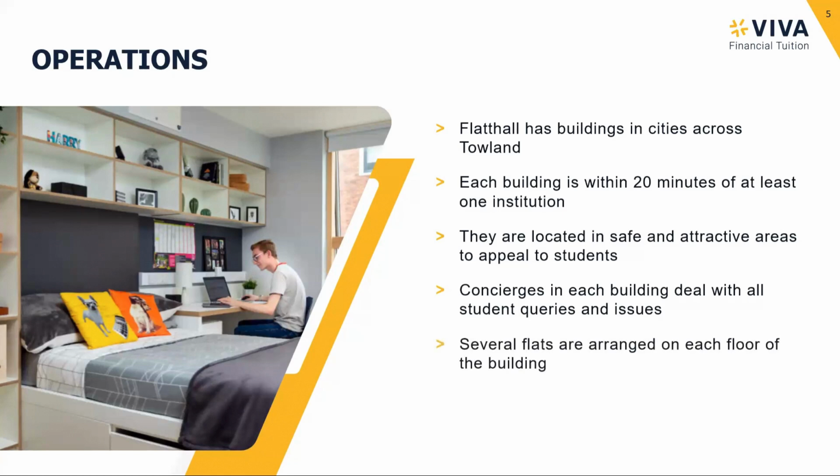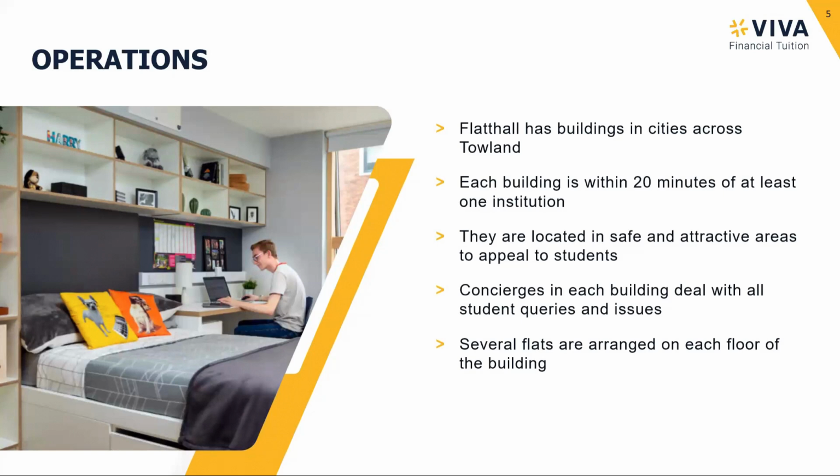Now, in terms of these student rooms, these rooms are arranged into flats. And we know from the pre-seen that there are several flats on each floor of a building. So a building could be 8 or 9 floors high, and each floor might have 4 or 5 flats in it, and there'll be a number of rooms in each flat.